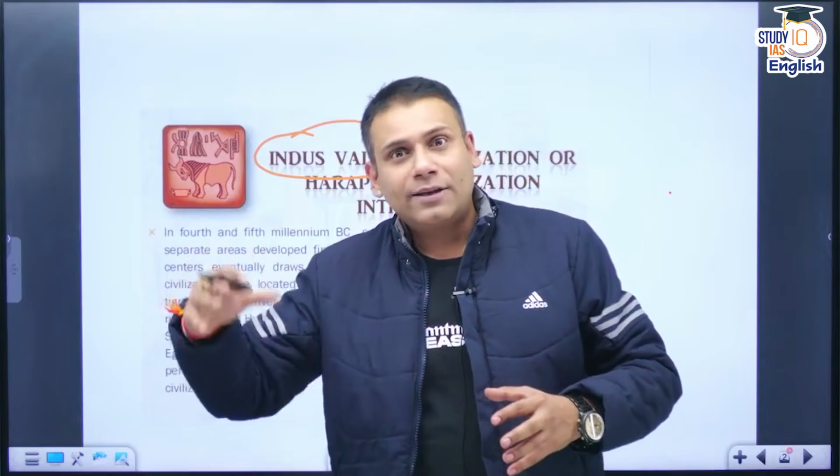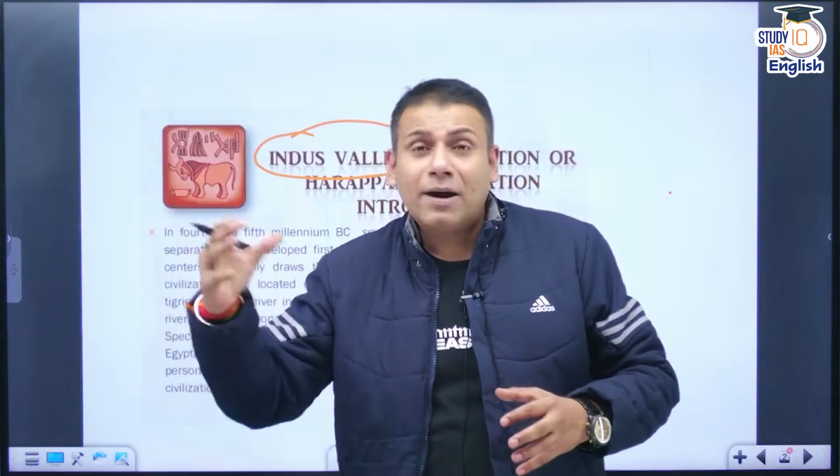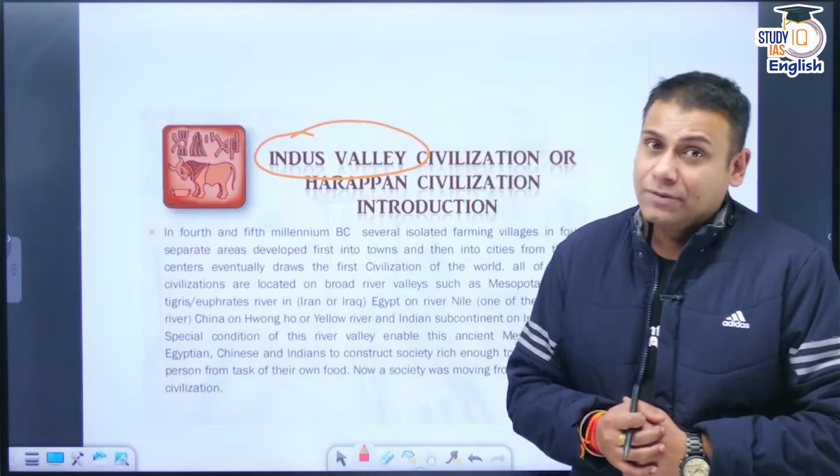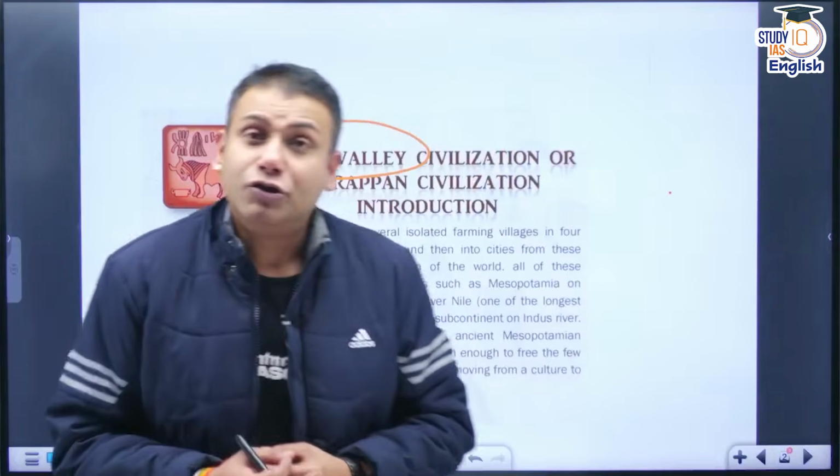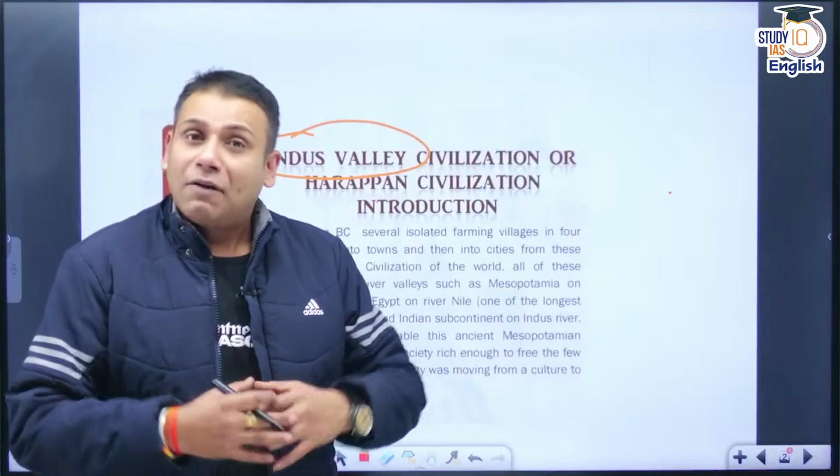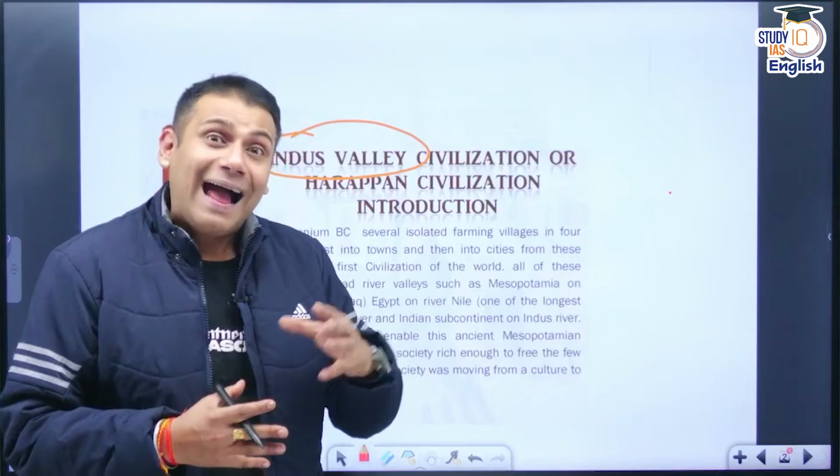Then comes Mesolithic age. For the first time in Mesolithic age, one observes domestication of animals, also referred to as Late Stone Age, or one can say Middle Stone Age. Then comes Neolithic age. The term Neolithic was coined by John Lubbock, and for the first time we observed agriculture.